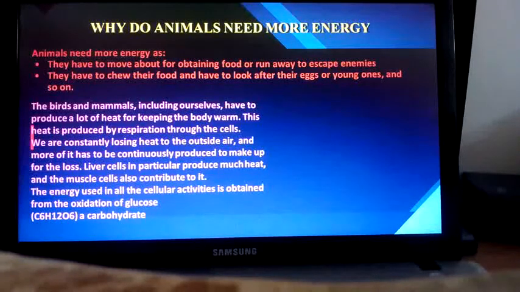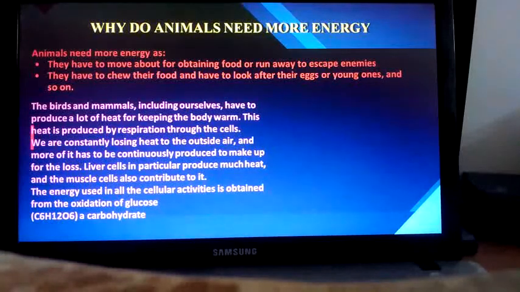Even cold-blooded animals, to set their temperature on par with the atmosphere, constantly keep pace with the atmosphere. That is why they are called cold-blooded animals, poikilotherms. They also need energy to maintain this. Got it? We are constantly losing heat to the outside air, and more of it has to be continuously produced to make up the loss.